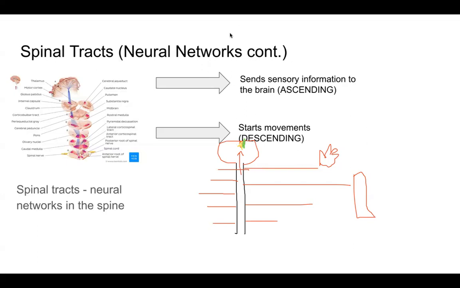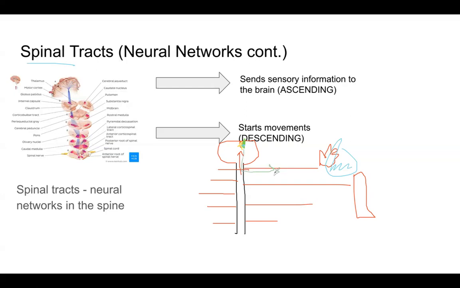So say you put your hand in ice cold water, right? Your somatosensory cortex receives the information that your hand is cold. Your motor cortex is communicating and it's saying, okay, I need to remove it. So through your descending spinal tract, it'll send down the information for you to immediately retract your hand, to take it away.